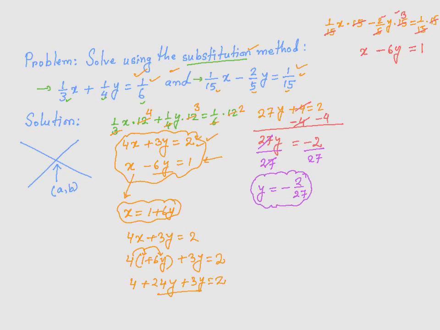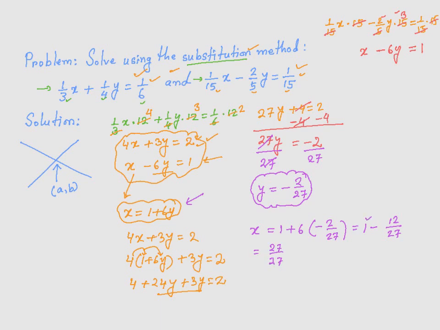Now I can take this y value and plug it into this equation to get the x. So x is going to be equal to 1 plus 6y, 6 times y, but y is negative 2 over 27, which by the way is 1 minus 12 over 27, because 6 times 2 is 12. I could further simplify 1 by writing it as 27 over 27.